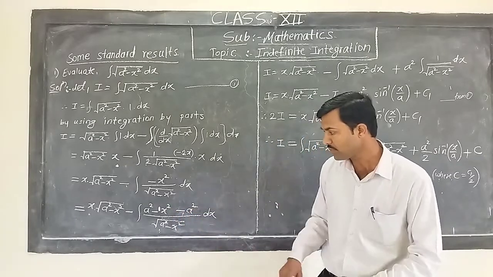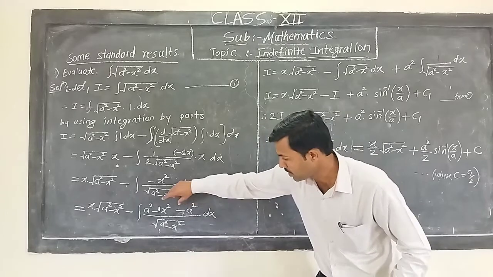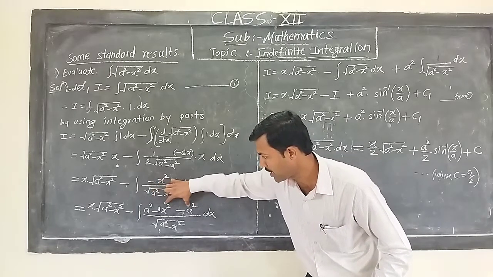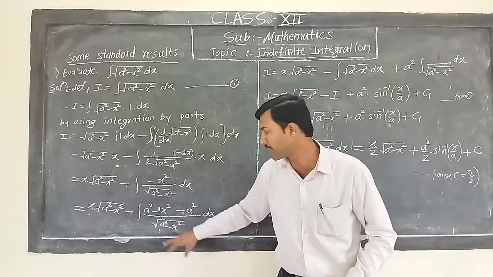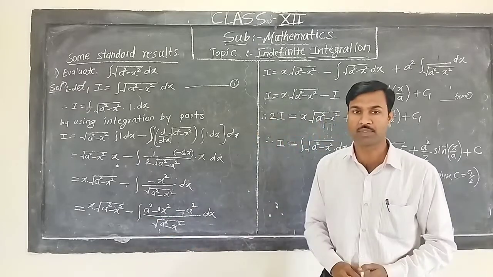Now friends, we will divide this term by the denominator: the first term will be a square minus x square, and the second term will be minus a square. We also separate the integration at the same time.